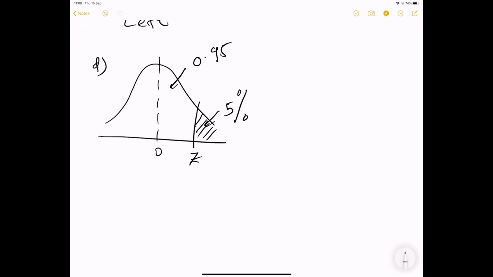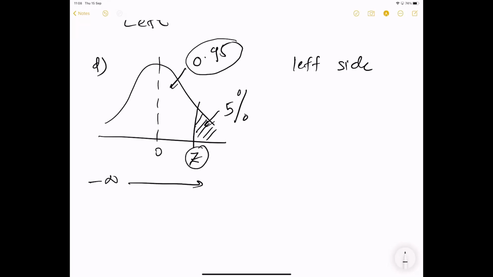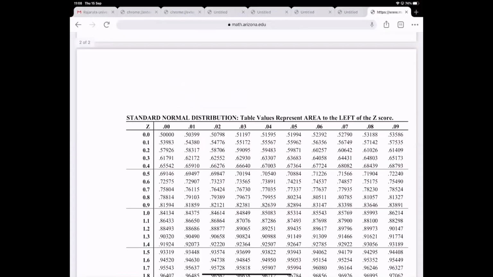As I mentioned earlier, in our table we have only the left side. Therefore, we want to find the location of 0.95 from negative infinity to Z. The area under the curve is 0.95. Using the table, you can find the location of 0.95, definitely a positive value.